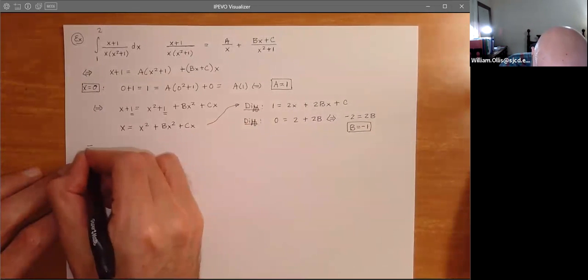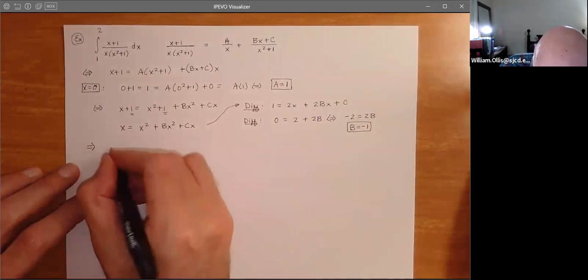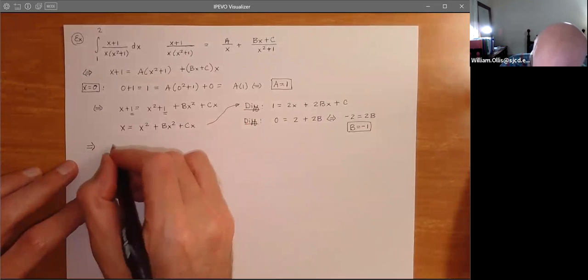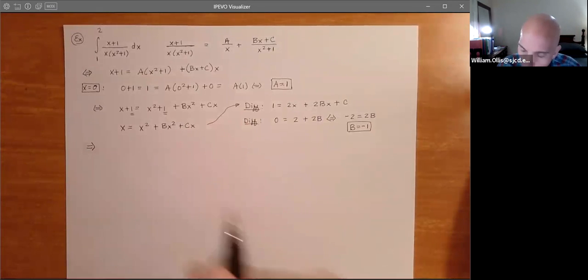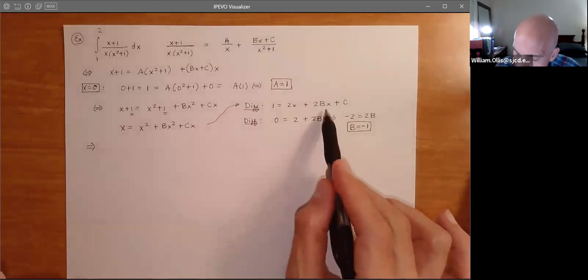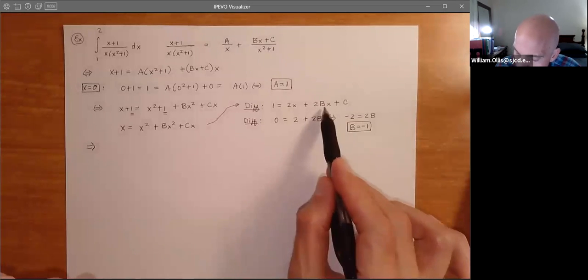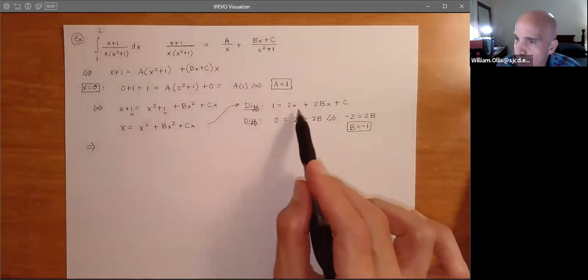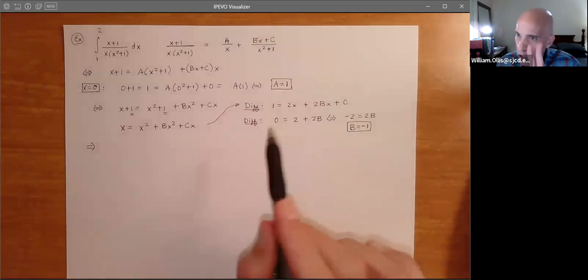It's interesting when you think about this. Let's substitute b equals -1 and then pick a simple value for x to solve for c.